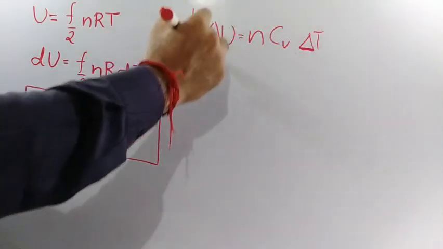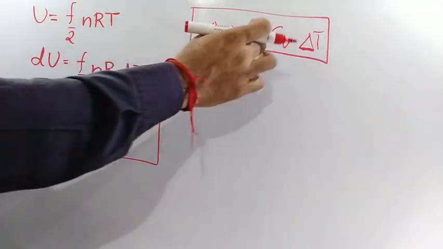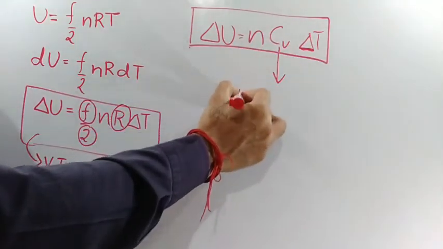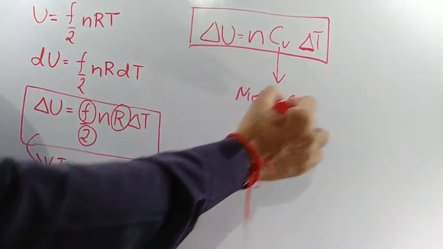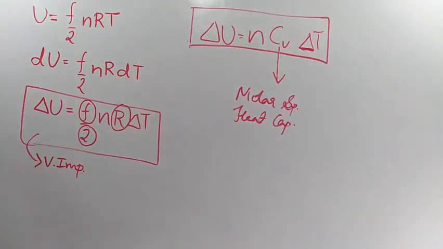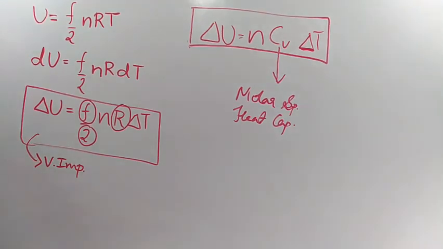This is also a very important equation: delta U is equal to N Cv delta T. Where delta U is the change in internal energy, N is the number of moles, Cv is the molar specific heat capacity, and delta T is the change in temperature.